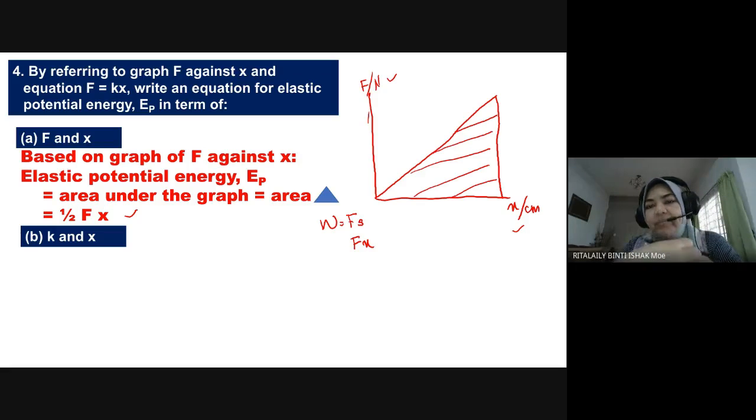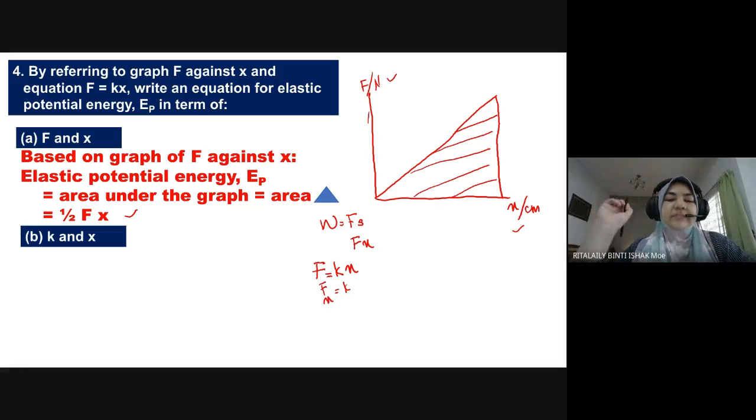Okay, so let's say if we don't want to use the F, we want to use K and X. So from the Hooke's law formula, F equals to Kx, what should we do? We can replace K with F over X.